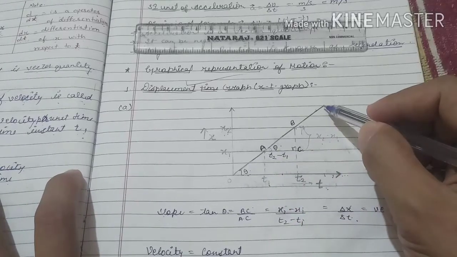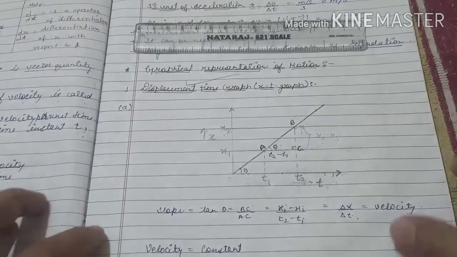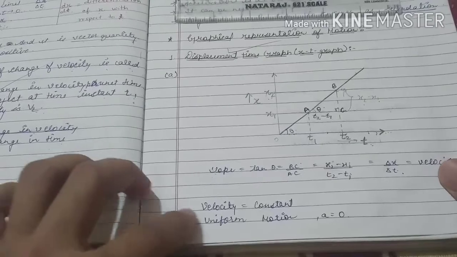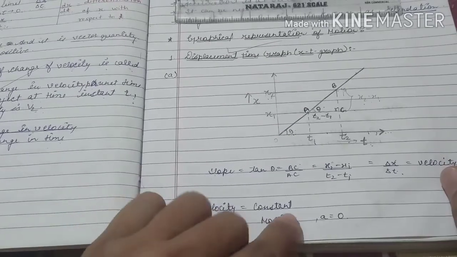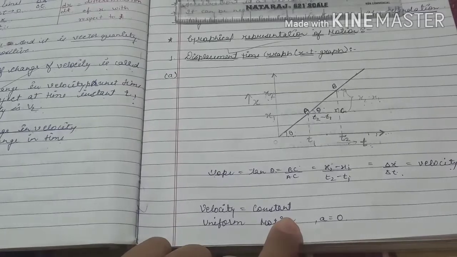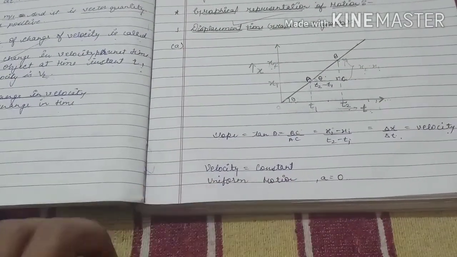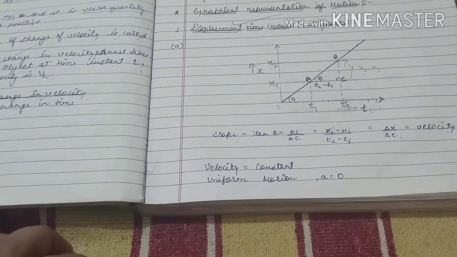Okay, there is no curve in this graph, so we can say this velocity is constant.